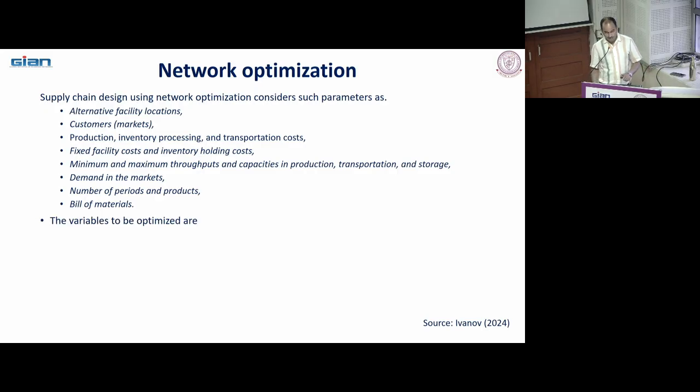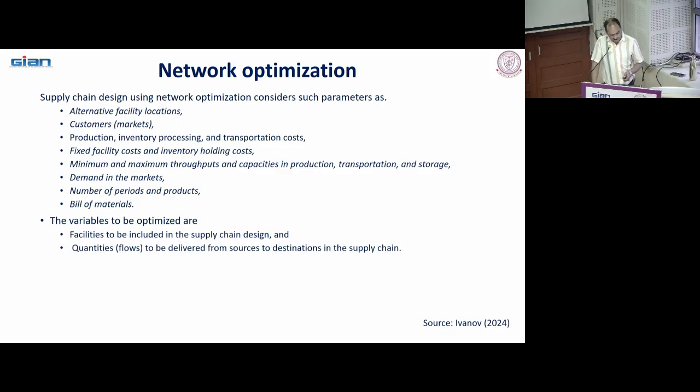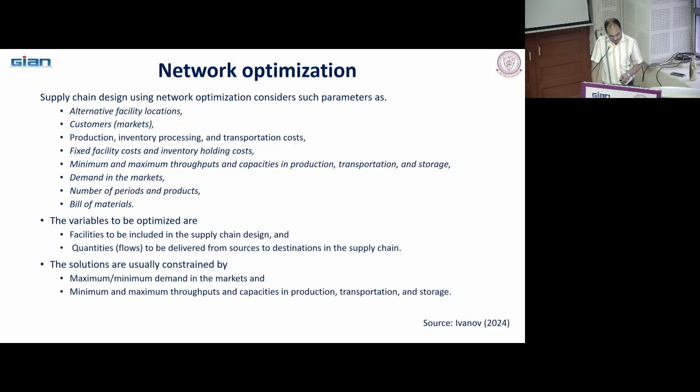The variables to be optimized here: we try to find out the locations, how many locations you want to make, what should be their capacity, quantities, flows to be delivered from sources to destinations. The solutions are usually constrained by minimum and maximum demand in the markets, and minimum and maximum throughputs, meaning supply. In the objective function, we try to minimize the total cost, or we try to maximize the profit.